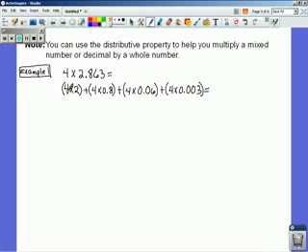We can say 4 times 2 is 8, plus 4 times 0.8. So we can come to our scratch area and say 0.8 times 4, and 4 times 8 is 32, carry our 3, 4 times 0 is 0 plus 3 is 3. Then we have to determine where to put our decimal point.